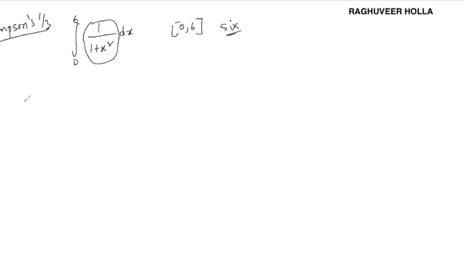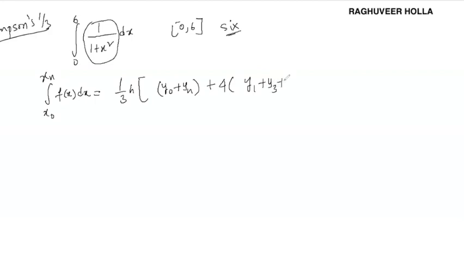The general formula is: integral from x naught to xn of f of x dx equals 1/3 of h times [y0 plus yn, plus 4 times (y1, y3, and all the odd terms up to yn minus 1), plus 2 times (y2, y4, and all the terms up to yn minus 2)].